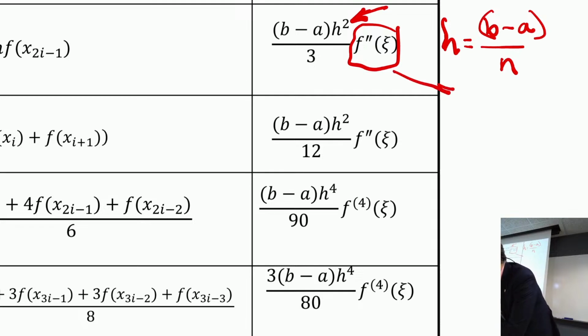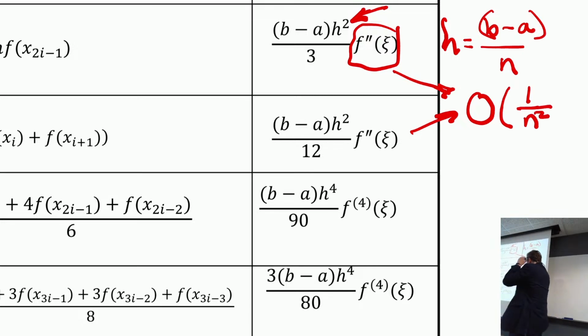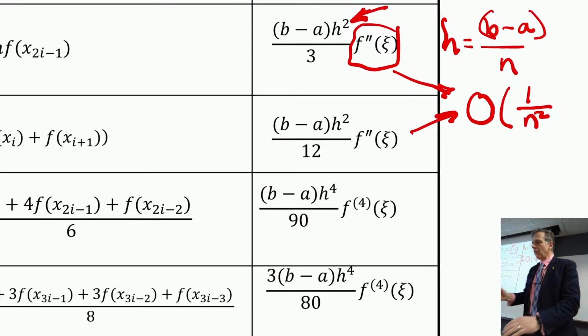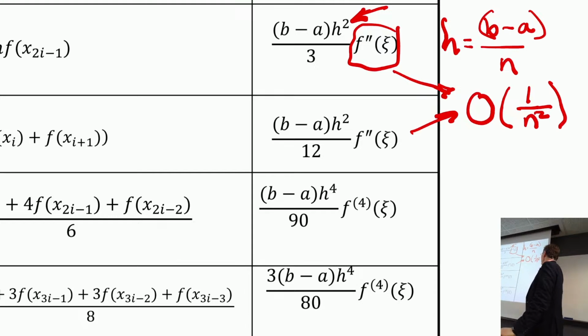And these two, both of these, are on the order of 1 over n squared, because you have an h squared, and so you're going to converge to your approximation on the order of 1 over n squared, meaning that you'll get closer to it, similar to that sequence, as you add more subintervals.